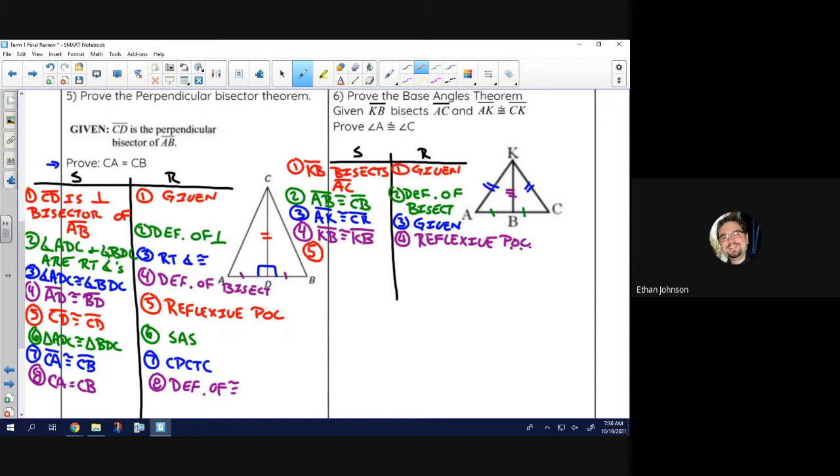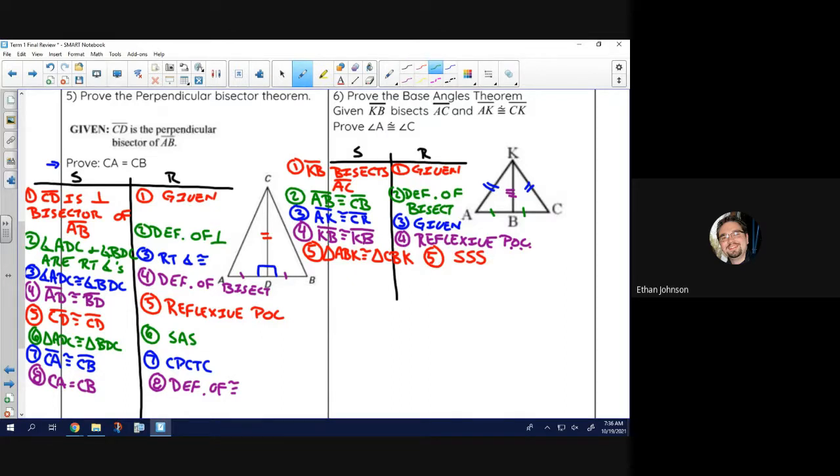So we have three parts of the triangle marked congruent, so I can say triangle ABK is congruent with triangle CBK. We have more sides marked congruent, so this is actually side, side, side.